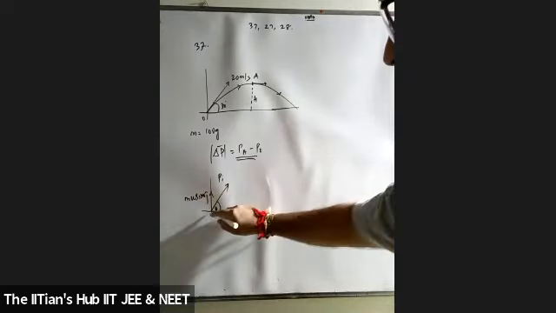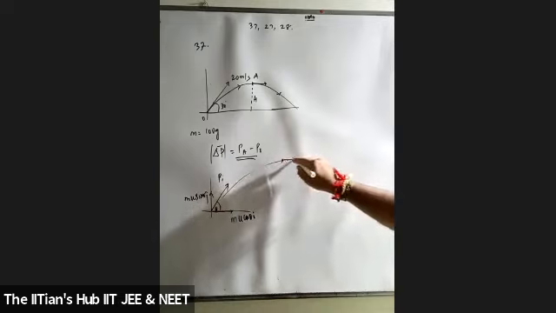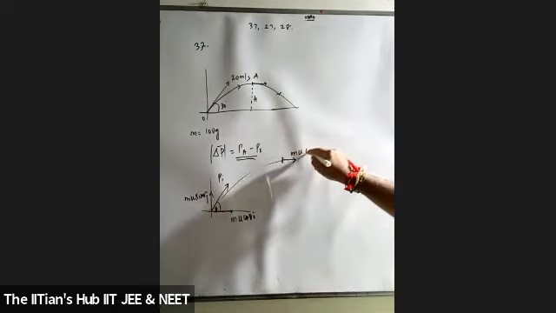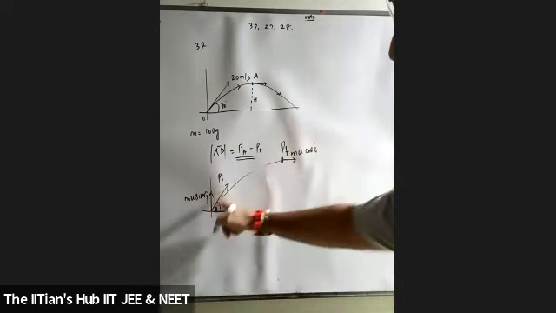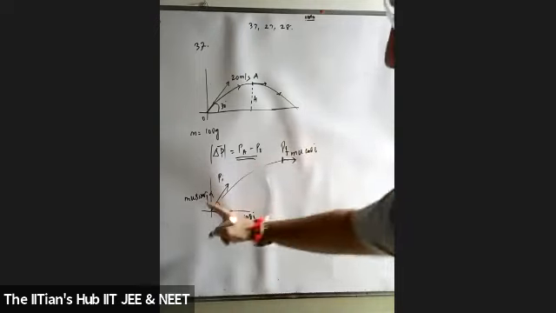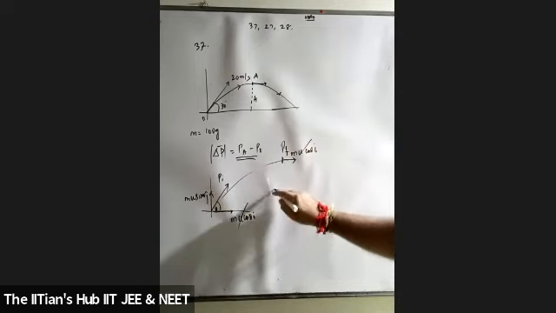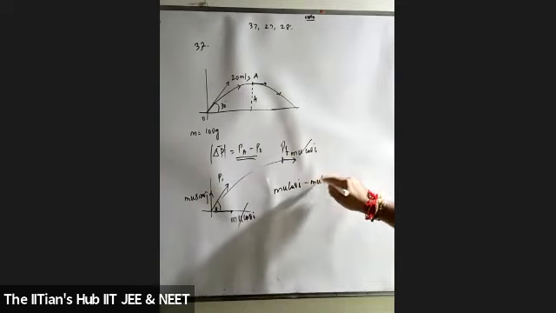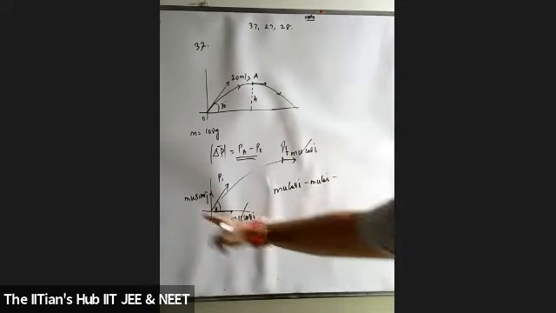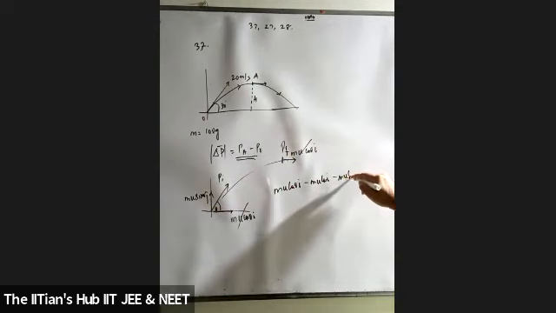What is the final momentum when it reaches the highest position? This will be simply mu cos theta i cap. Change means final minus initial, so mu cos theta i cap minus mu cos theta i cap minus mu sin theta j cap.